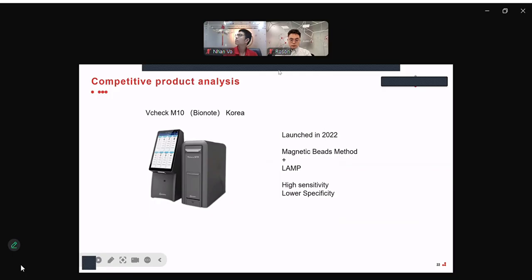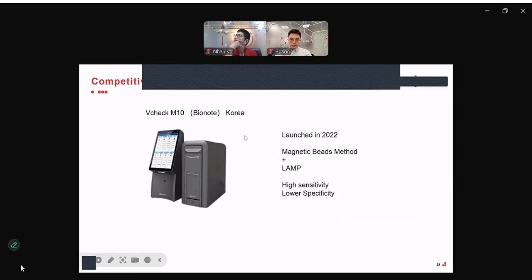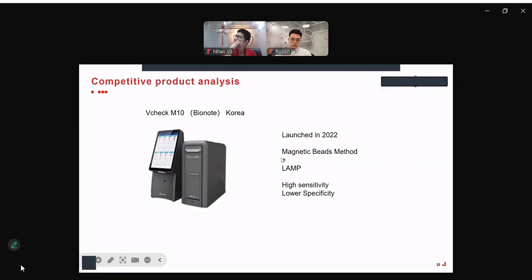And from the methodology's perspective, the VCheck M10 from Korea is also using the magnetic beads method. So the extraction and purification method is the same. But for the amplification method, they choose the LAMP method. For this kind of method, the sensitivity is really high.